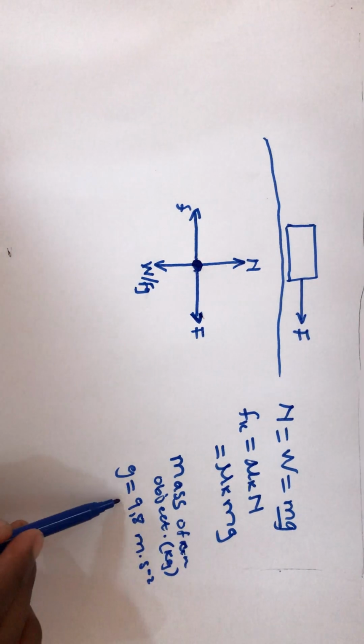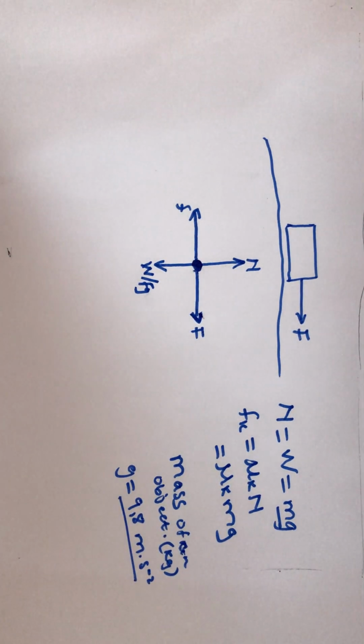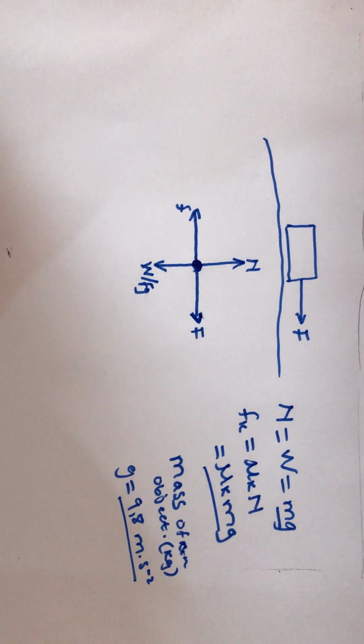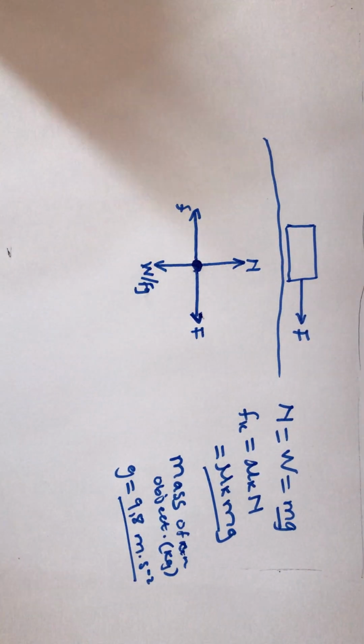This is the acceleration due to gravity, so it's constant. So this is how we should calculate the frictional force in this type of situation. So let's move to another type of situation now.